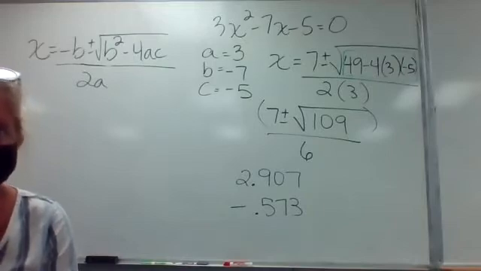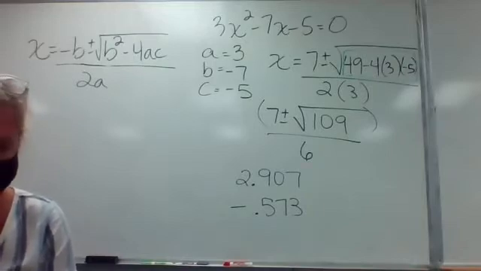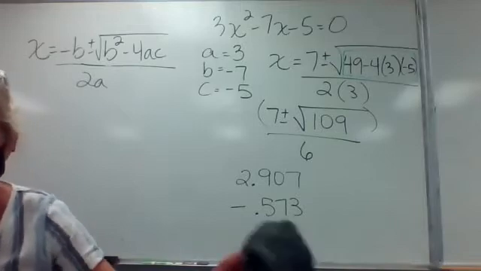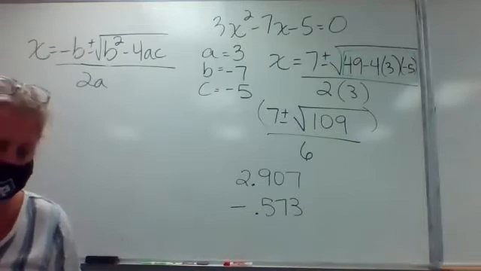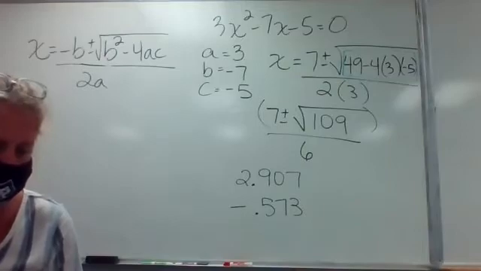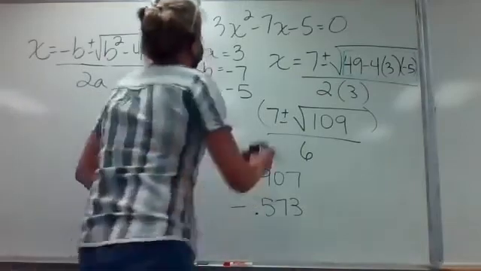Right, number 6. f of x equals 3x squared minus 5x minus 11.